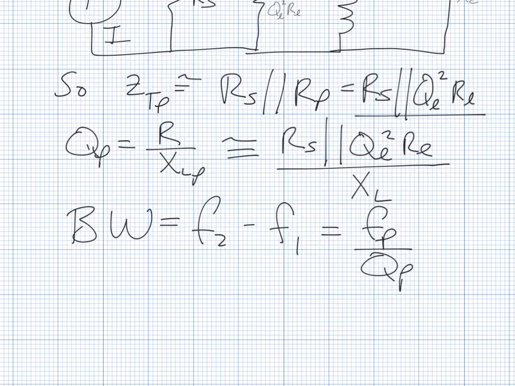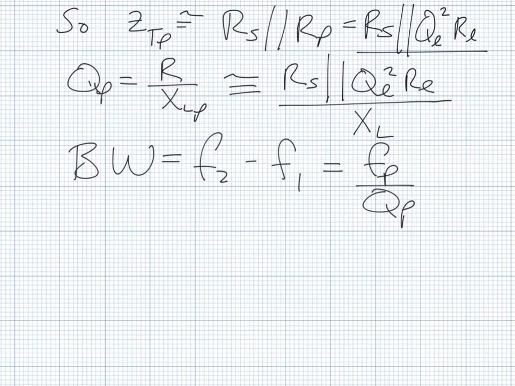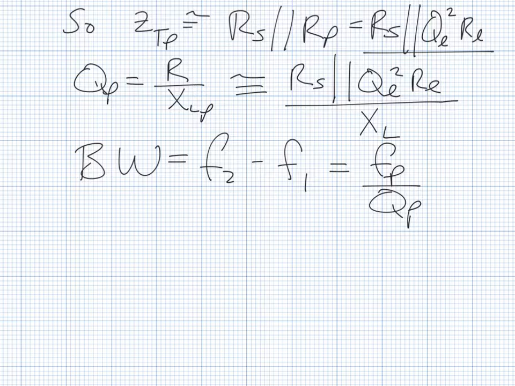Okay, so those are still true. The other thing that we can define, and again, this is based on the assumption that our Q is greater than 10, is that we're going to be able to define the current through the capacitor to be approximately equal to the quality factor multiplied by the total current, okay?